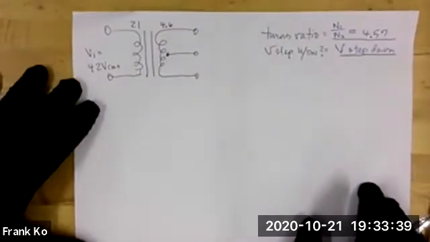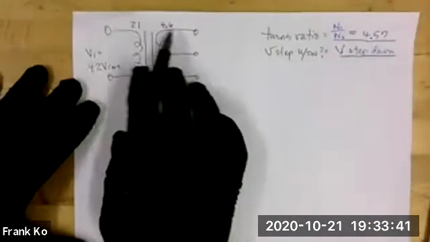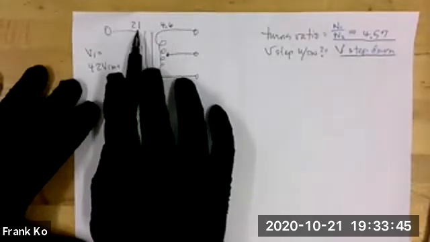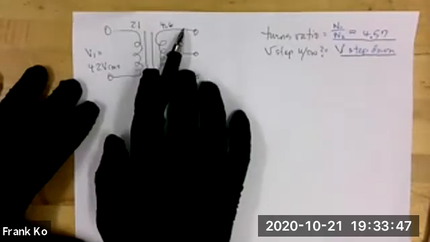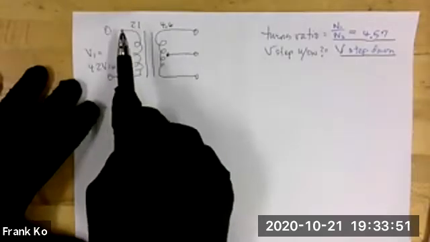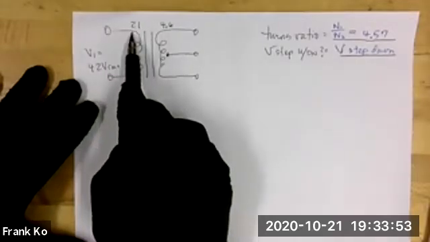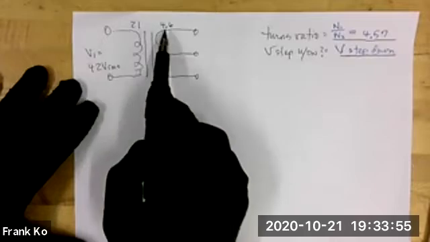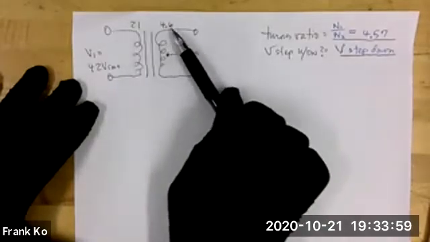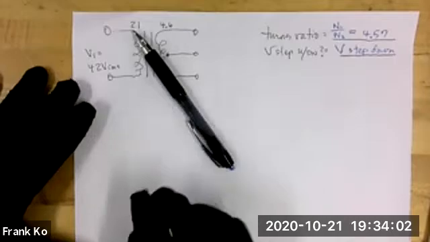Let me say this, by the way. If you look at these turns, everybody, 21 to 4.6, this is only a ratio. Please understand, you do not have only 21 windings in the primary, or only 4.6 windings in the secondary. This simply says that the ratio is this relationship.